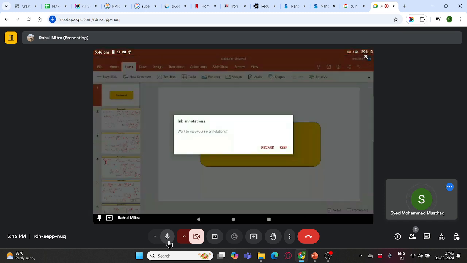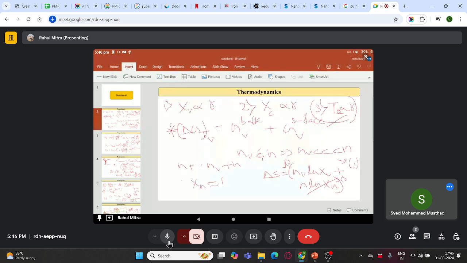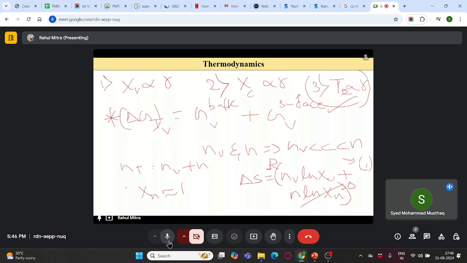So we first started deriving the three relations: how the mole fraction of vacancies depends on the size of the nanoparticle, how the composition of the newly formed nanoparticle in a certain phase depends upon R, how the solubility changes with R, and again how the melting temperature changes with R.